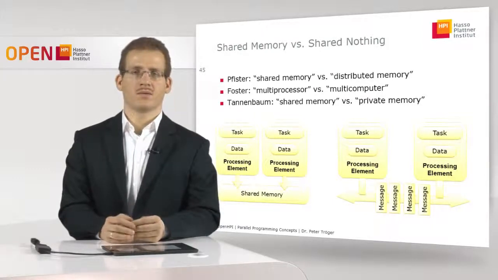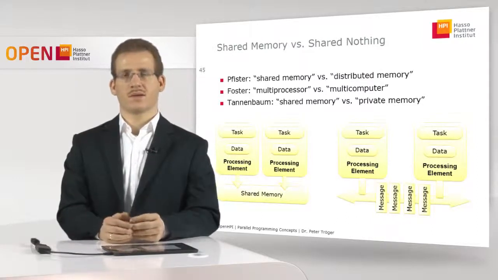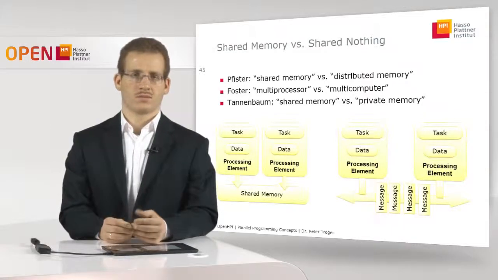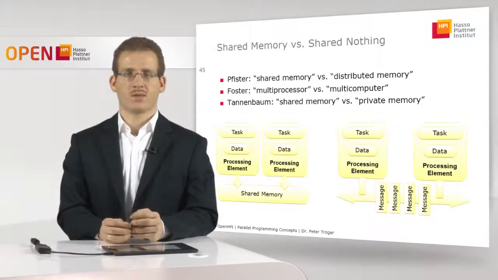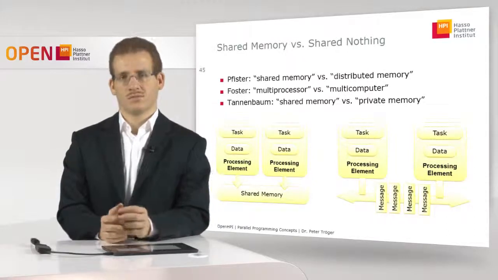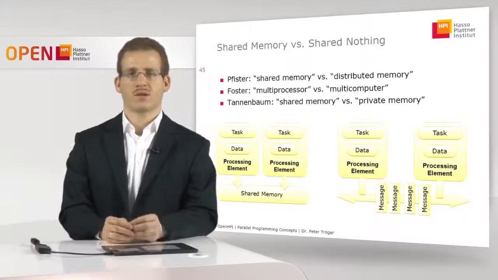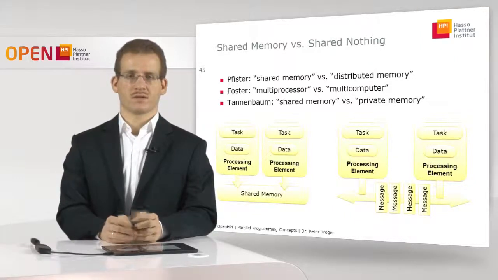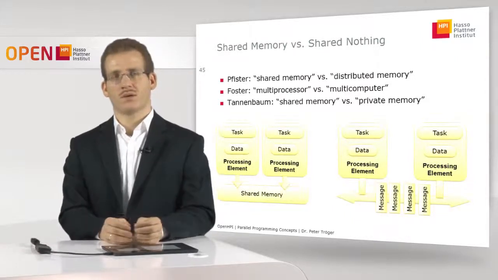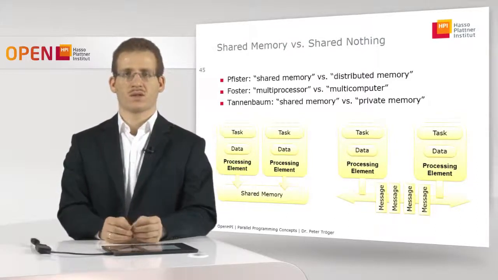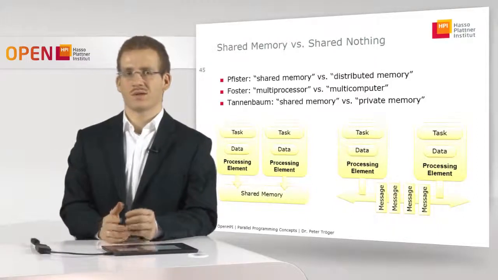For example, when you look into Fister's book, you find the term shared memory versus distributed memory, mentioning the fact that the memory in a shared nothing or distributed memory system is no longer at one place, but spread over different local nodes. Ian Foster calls it multiprocessor versus multicomputer, talking more about the way processors are interconnected and how they work with each other. And Tanenbaum calls it shared memory versus private memory in his book.